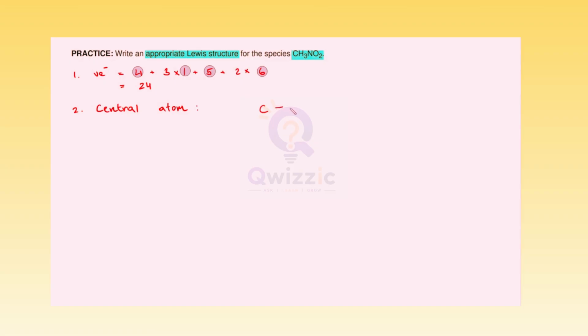So carbon will be directly bonded to nitrogen. Due to the fact that carbon must have 4 bonds, we already have 3 hydrogens bonded to it. So definitely we will have a CN bond in the structure. Our next step is to draw single bonds between our central atoms and terminal atoms.